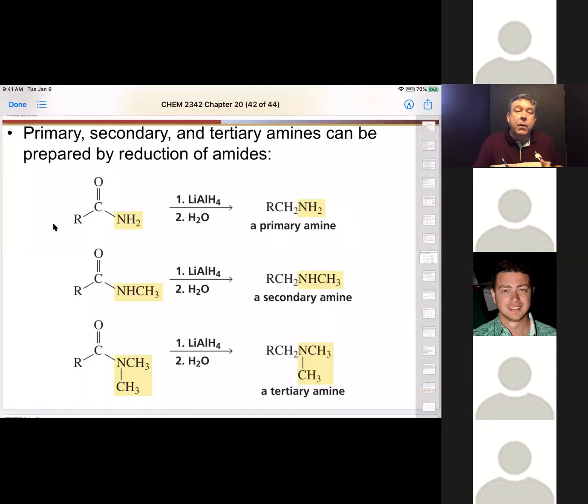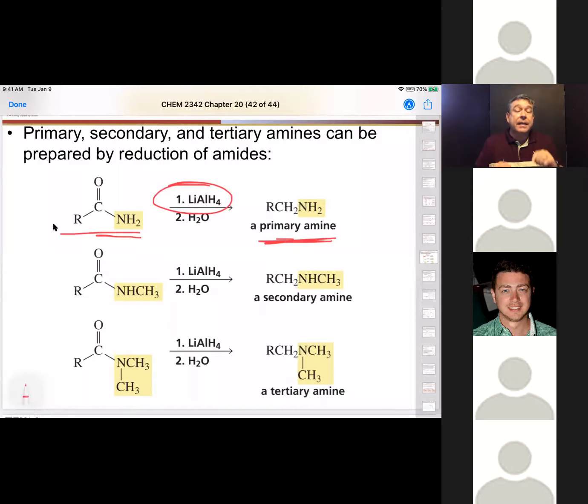Now we're going to continue on with that, and we're going to reduce down that carbonyl compound to give us a CH2, to give us our amines. Okay, so only in the amide system does it matter where you can get a primary, secondary, or tertiary amine based on what you're going to do here. So in the case of our primary amine, reduction with lithium aluminum hydride gets you the primary amine.